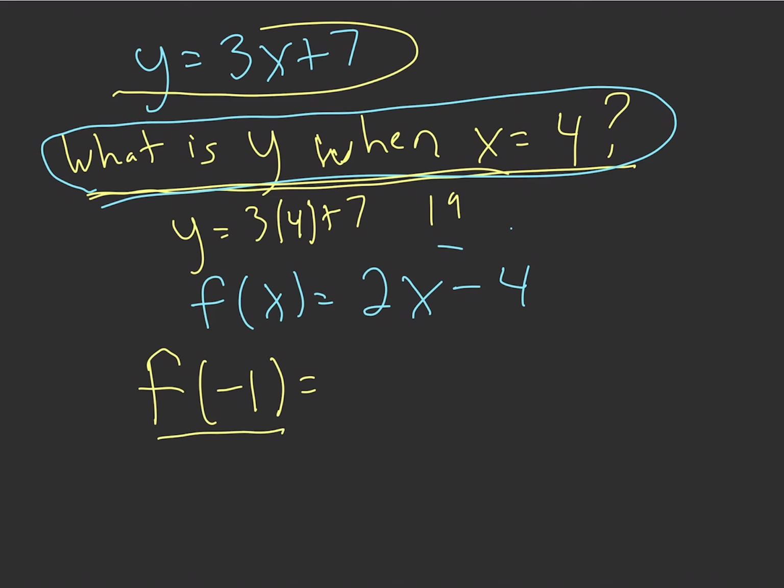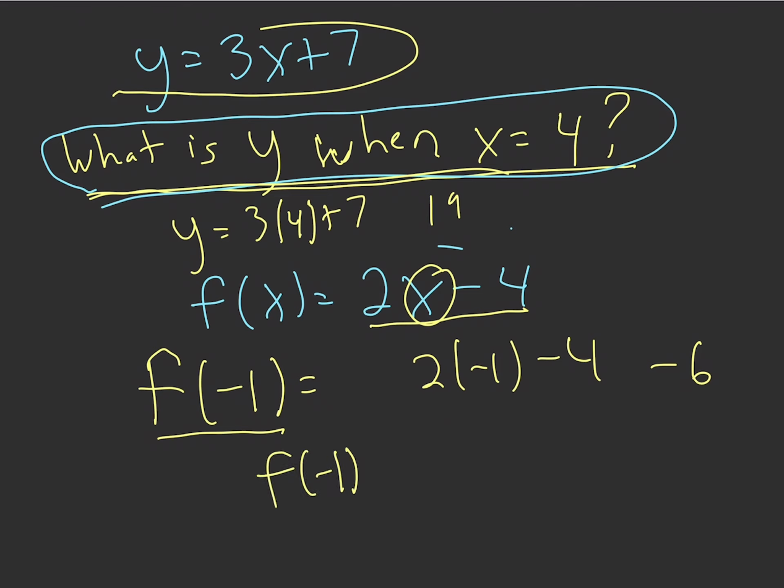It'd just be this. Then you know you're going to take your equation and substitute for the x, you're going to put in -1. And then you're just going to give the answer to that, which is -6. So f of -1, meaning when x is -1, I get an answer of -6. So that's one thing when you're dealing with function notation, it's much shorter when you have to come out with evaluations. And it's really not that bad once you get the hang of it.